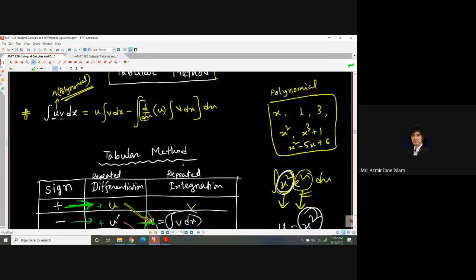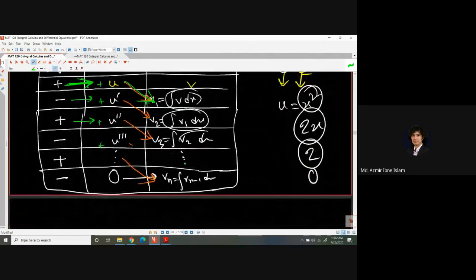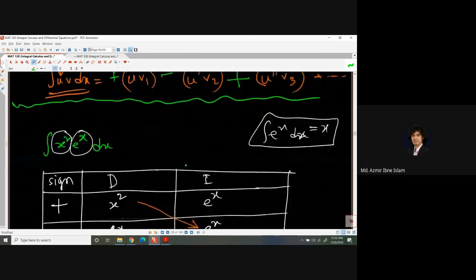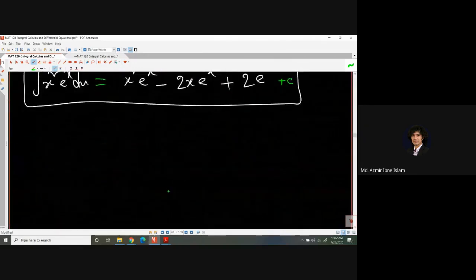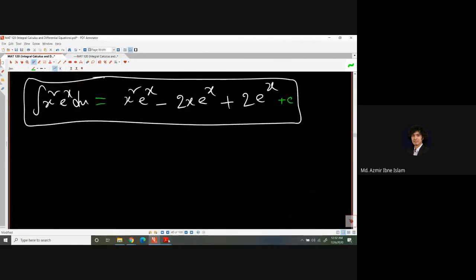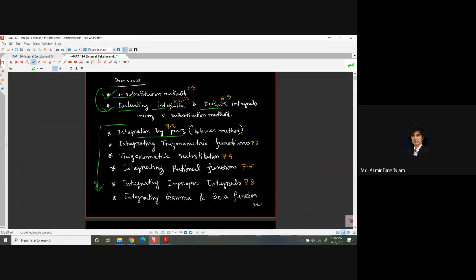So I hope in this part I have covered integration by parts and the tabular method. I hope you have understood all these things, and then we will focus on the second part, how to integrate trigonometric functions.